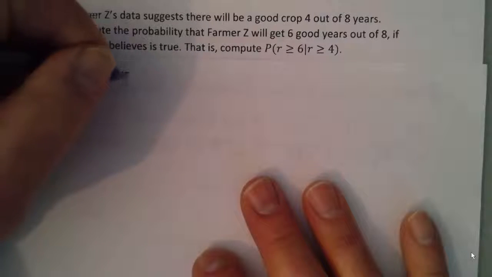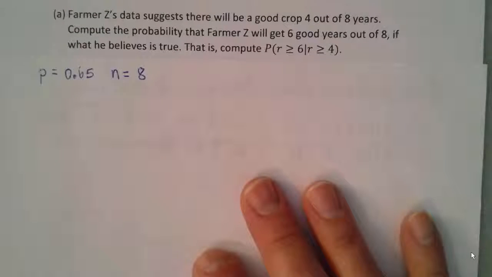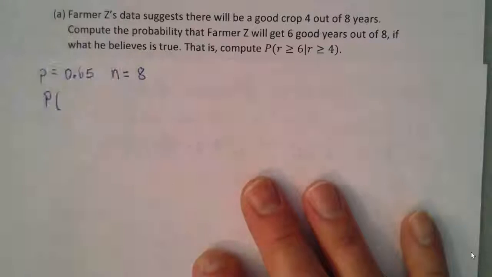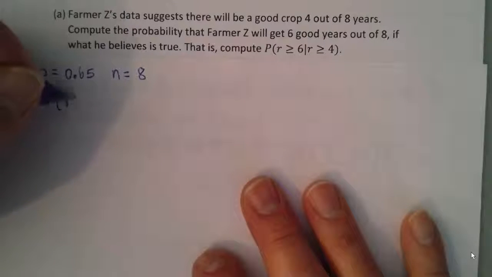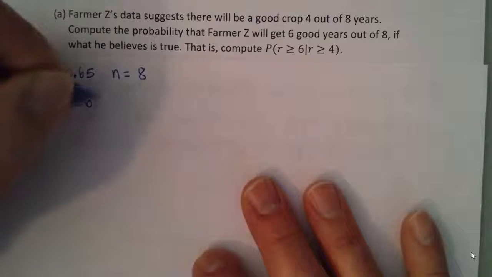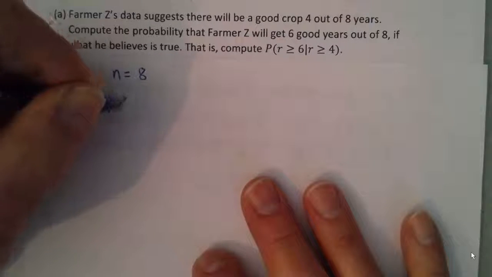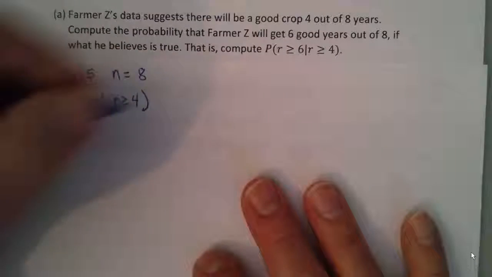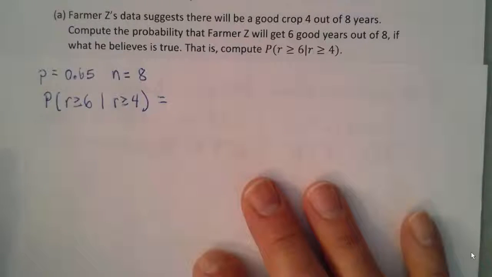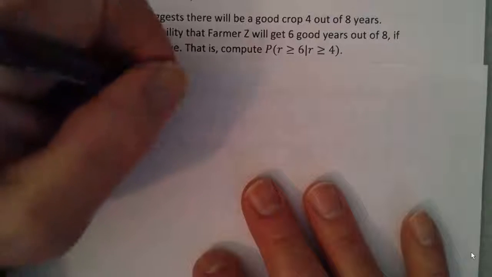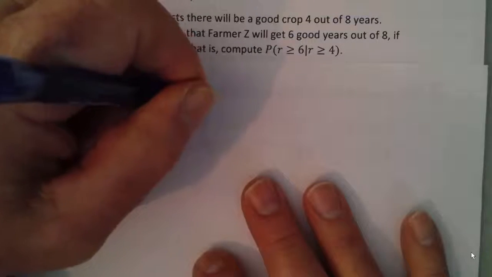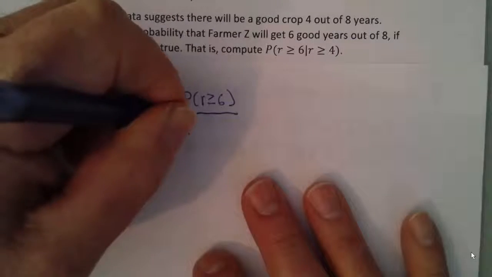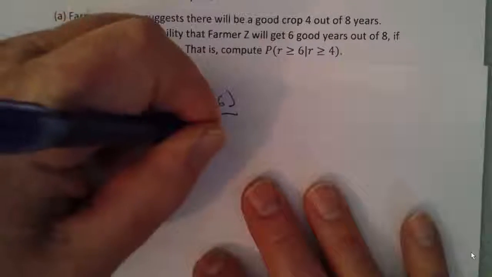We're working with an 8-year span, so we have 8 trials, and we are asked this conditional probability: what's the probability that R is at least 6 given that R is at least 4? Well, according to the review in part C, that's the probability that R is at least 6 divided by the probability that R is at least 4.